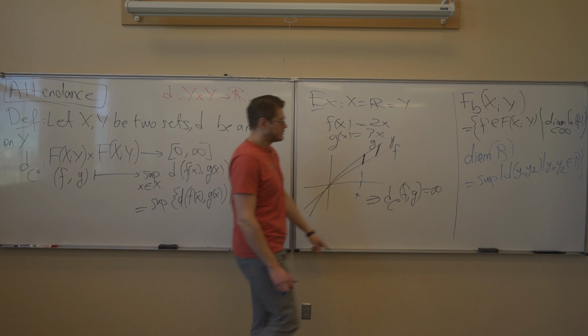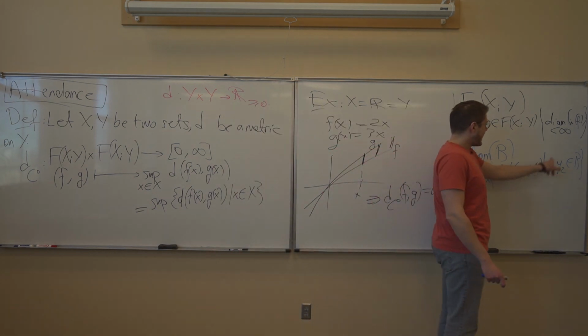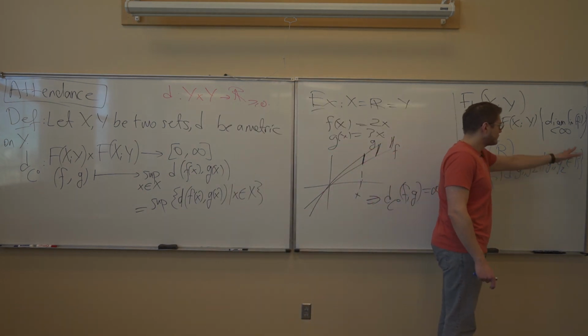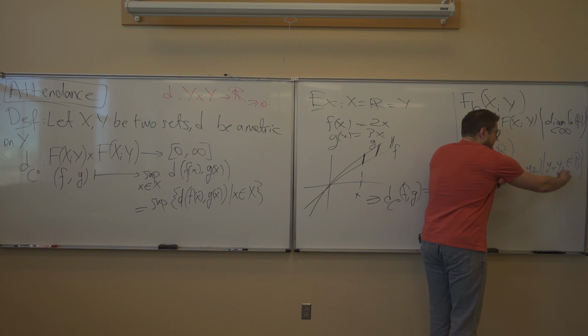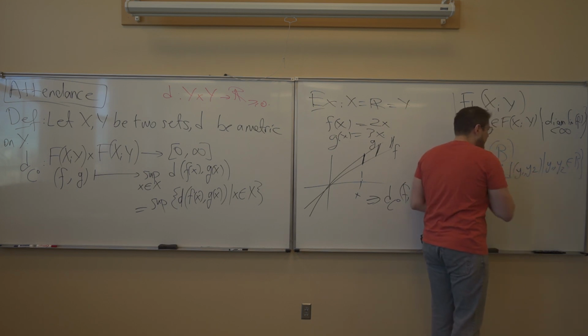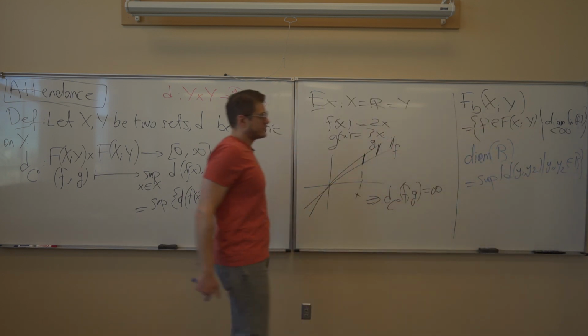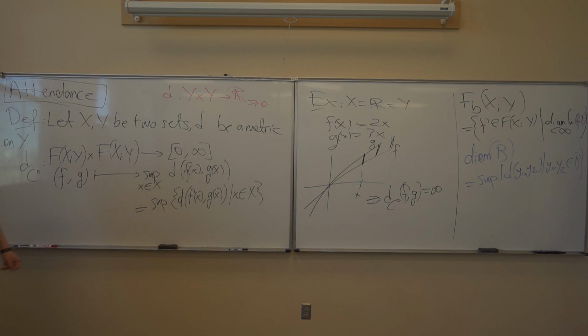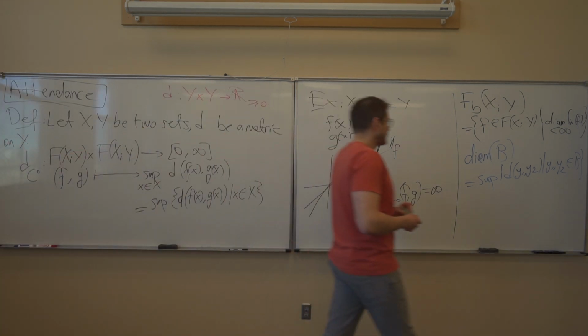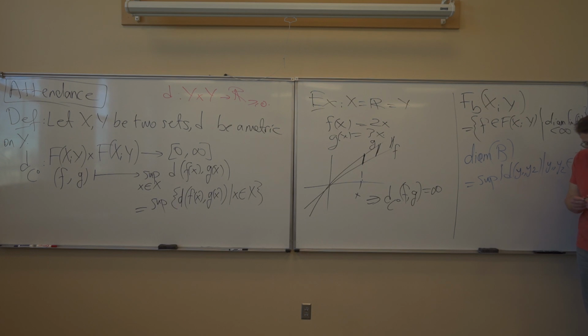Now it's a real number. As I vary y1 and y2 in my abstract space, this gives me a set of real numbers, and then I look at the sup of it. Okay? So this is a set of bounded functions. This later on turns into something called the bornology, actually, this notion of boundedness.